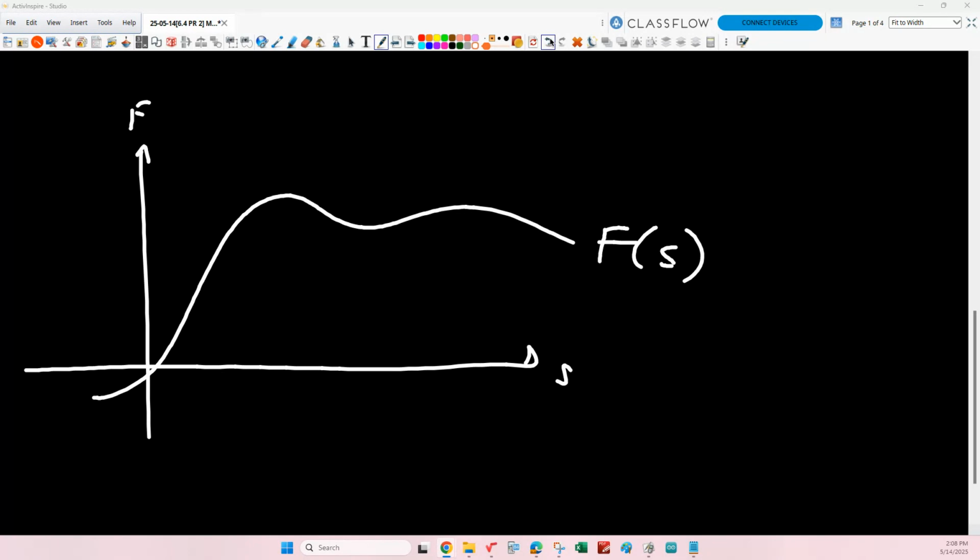If I want to find the work that's done from, let's say, A to B, the work that's done is just the area under that curve, right? We could do the same work by pushing at some constant force through that entire displacement from A to B, right? What would that constant force be?